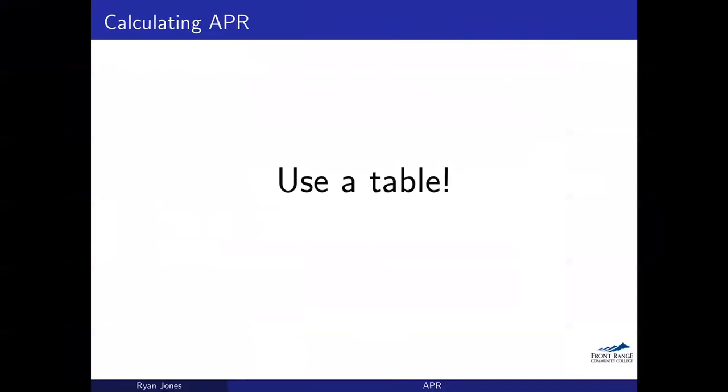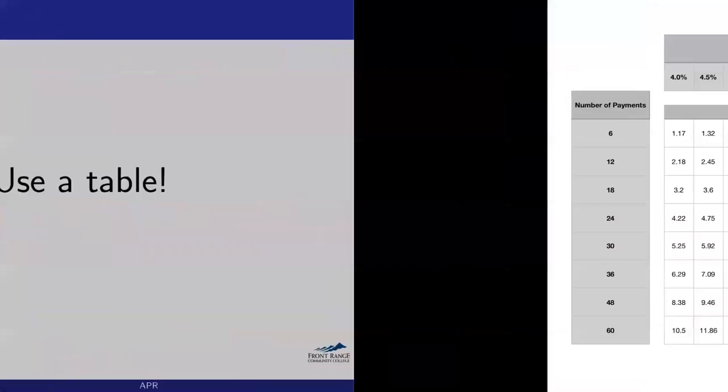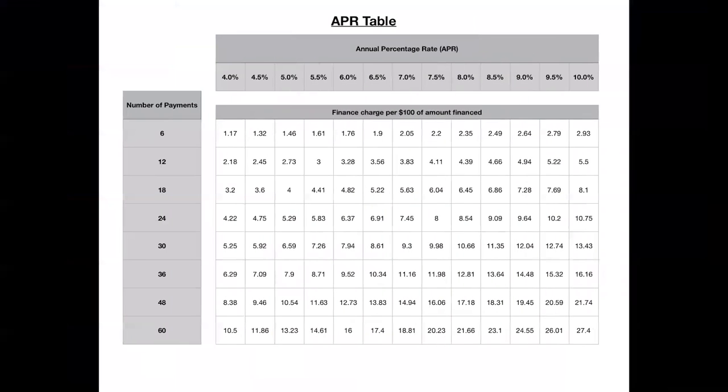And so we'll have this sort of cheat sheet table that we'll use, and let's take a look at it here. This table is a little bit confusing because generally when you look at a table, you're going to look at the rows and the columns, and you'll pick these out, and that'll give you a value in the table. But here we're actually doing things a little bit backwards.